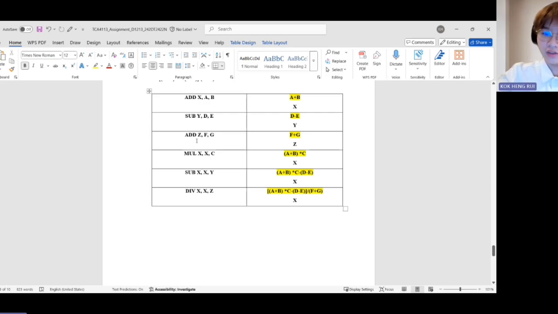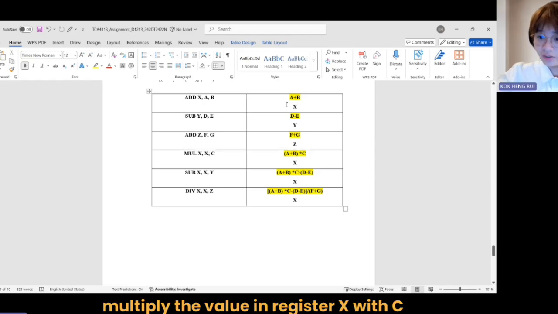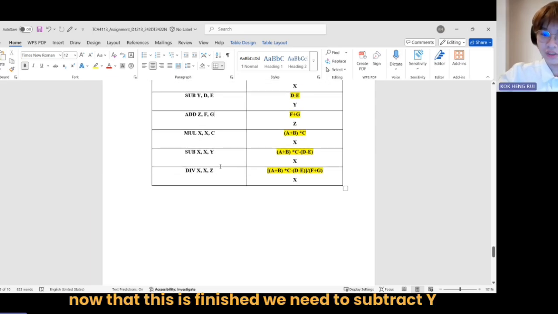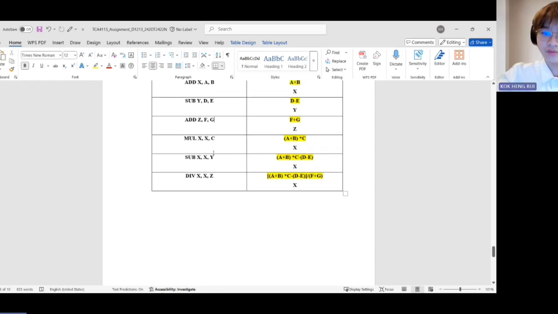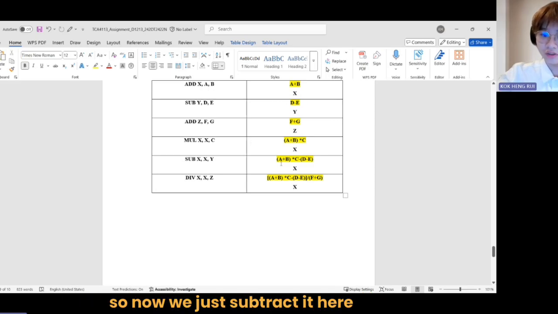So we need to do add Z F G, which is F plus G in register Z. Now that I finish all of this, we multiply the value in register X with C. So now it's A plus B multiplied by C in register X. Now we just need to subtract Y. Previously we already did D minus E in Y, so now we just subtract it here.